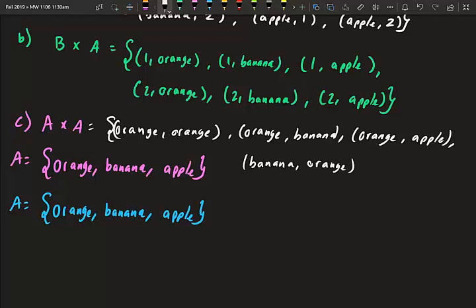Banana, banana. That's so fun to say. And then banana, apple. Then apple, orange.